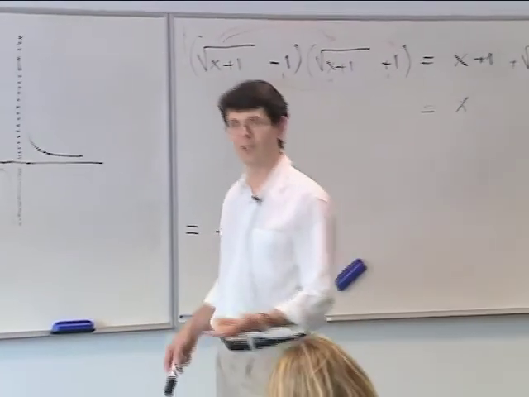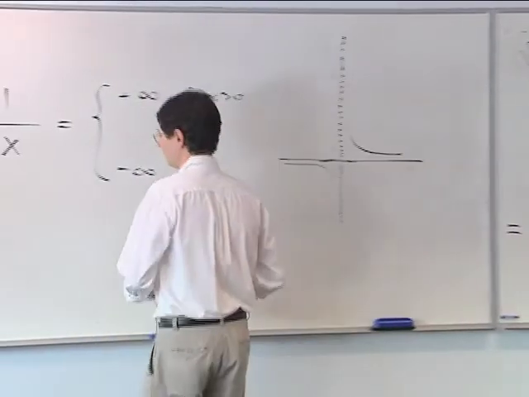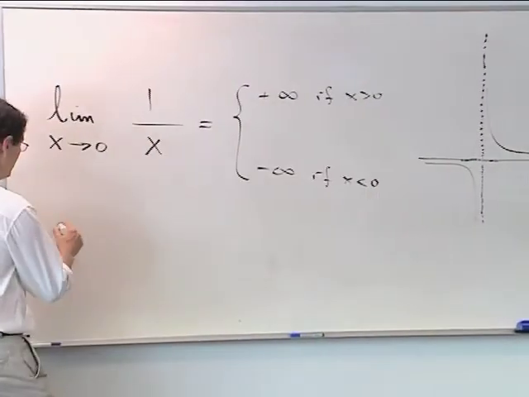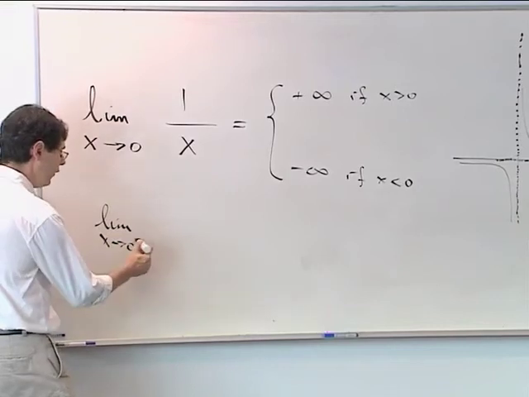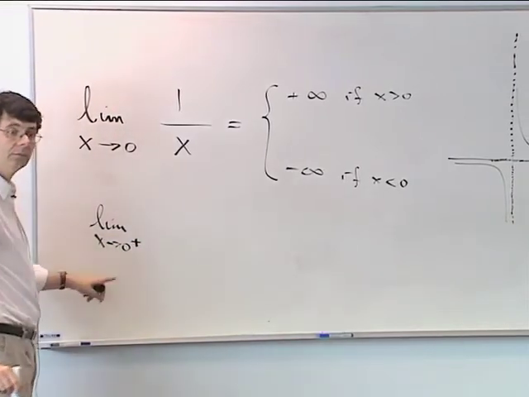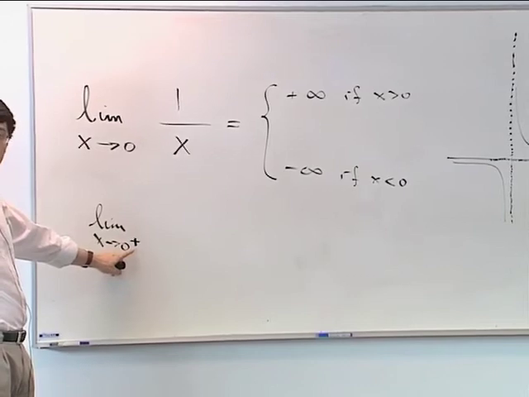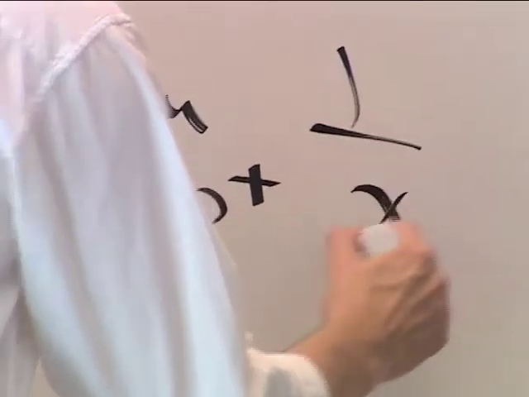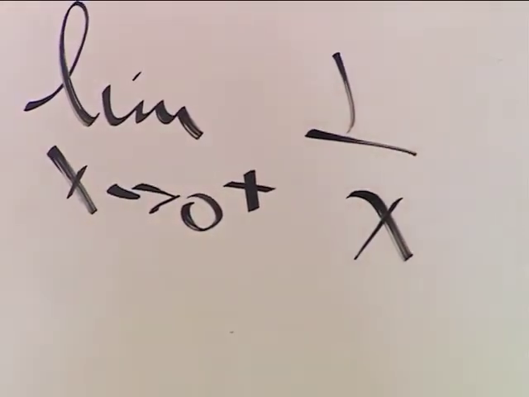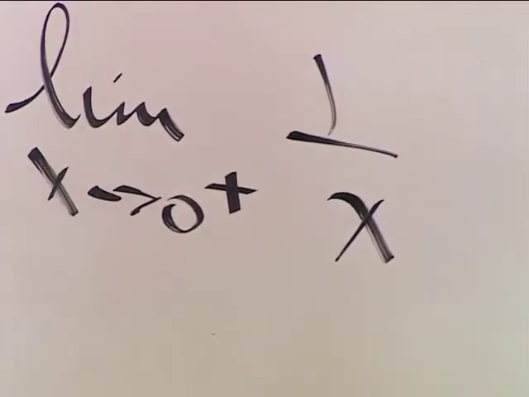Okay? So here's the notation. The limit when x goes to 0, on the right, take a look, on the right of 1 on x. Now this is saying that x is positive. That's the notation for positive x.